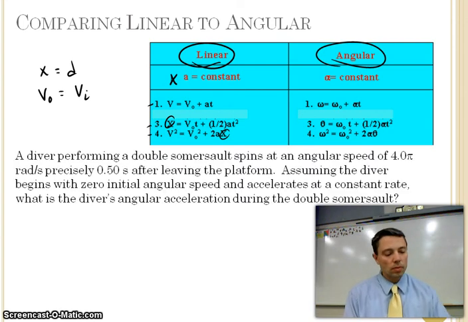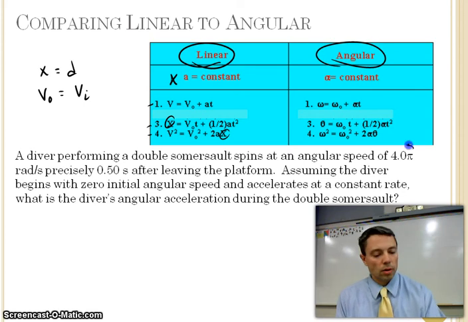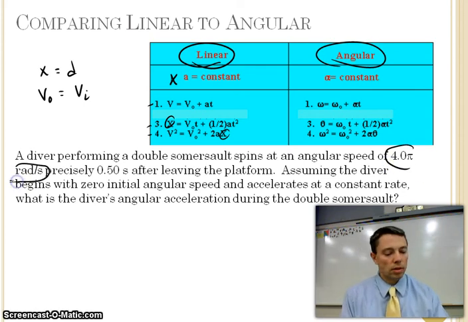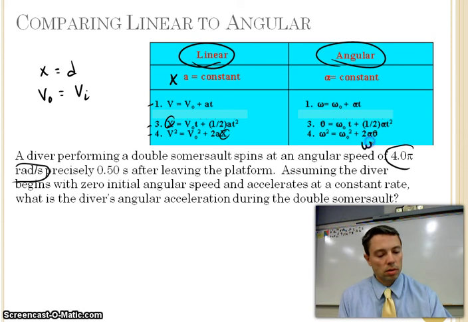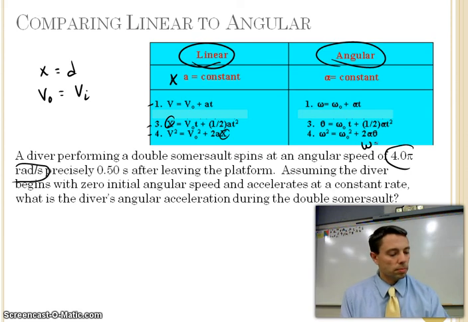Okay, so I think I've got one more problem that I want to talk about here. I have a diver performing a double somersault at an angular speed of 4 pi radians per second. So that's my angular speed.